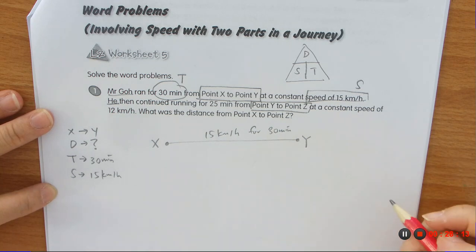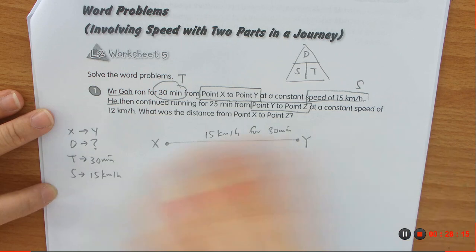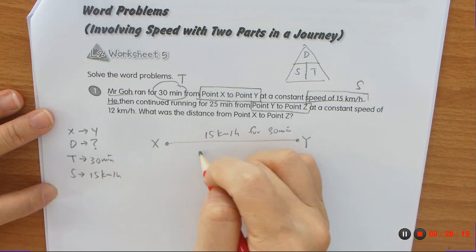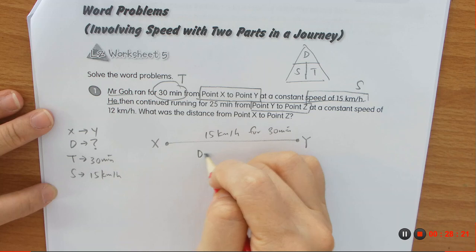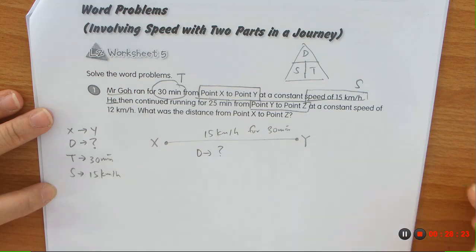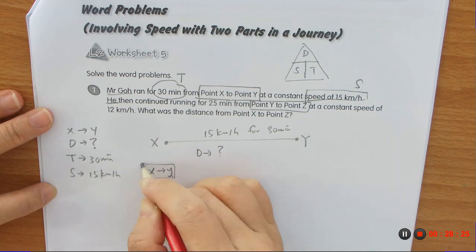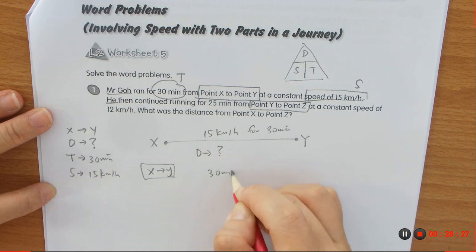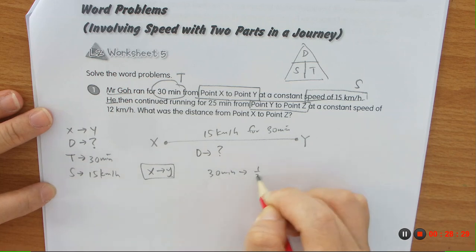And for the first part, I can just ignore the second part first and just deal with the first part. So I just deal with X to Y first. I've got X to Y, so 30 minutes will mean half an hour.